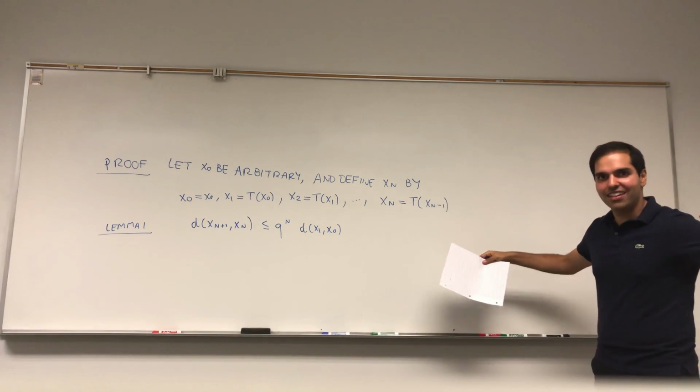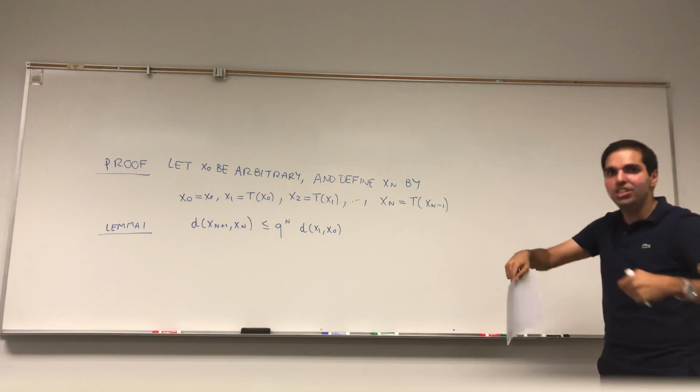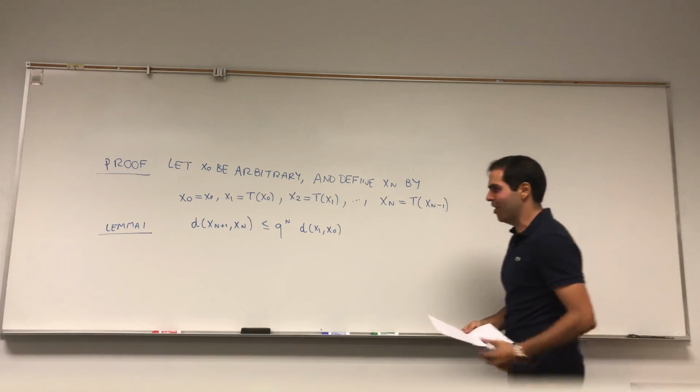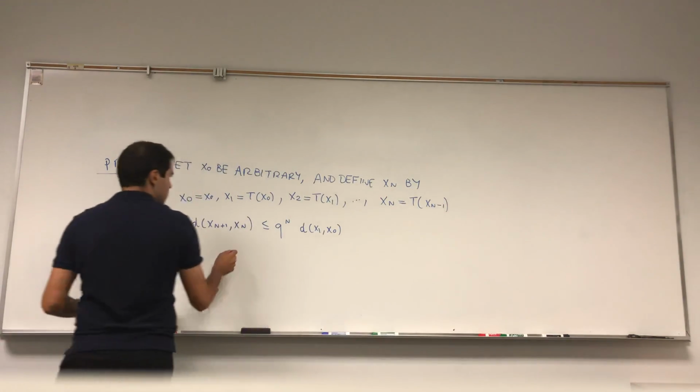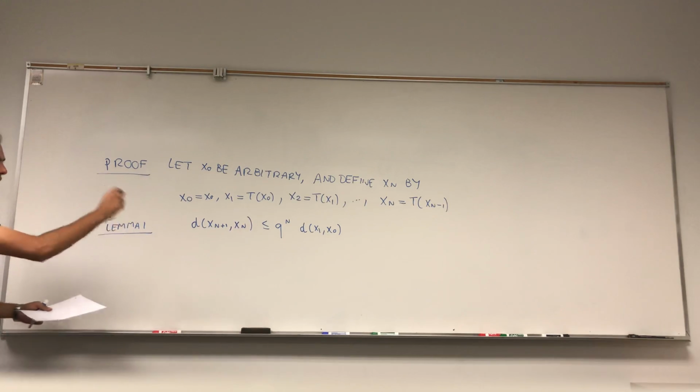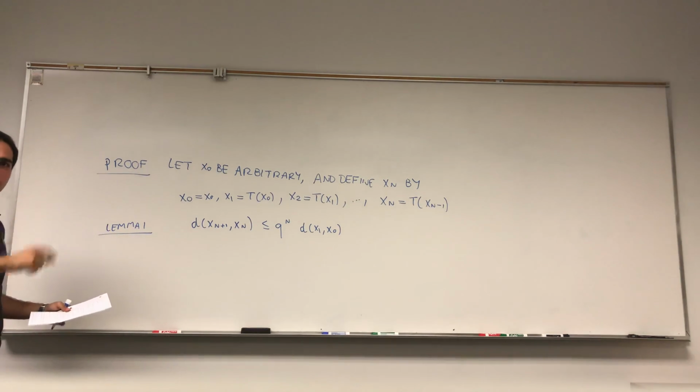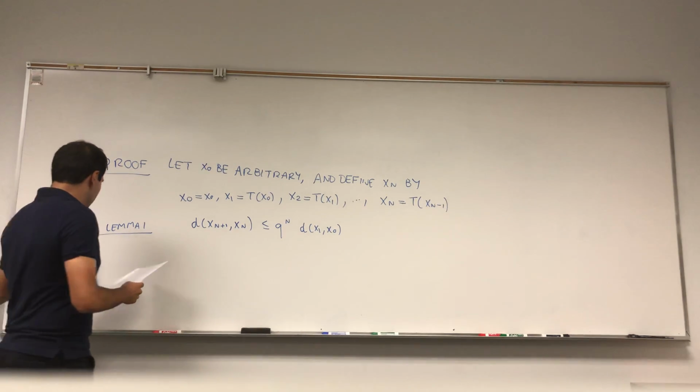So T of x, T of y is always q times better than x and y. This just means every iteration we get a better thing, which should imply that somehow they converge.